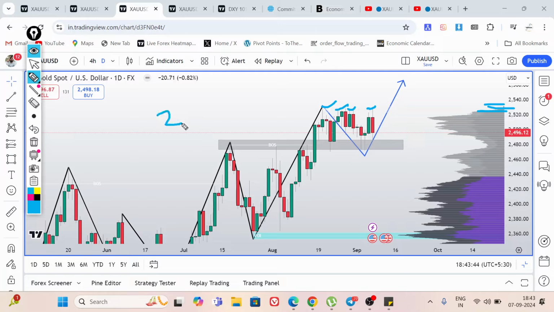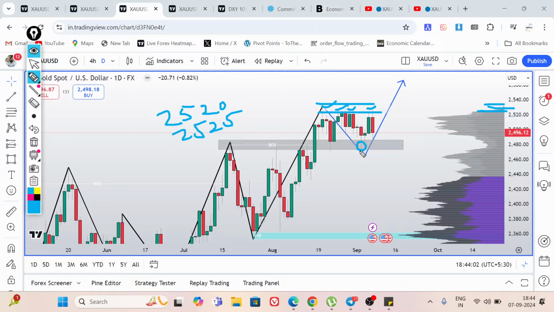Let me write it down: 2520 to 2525 area. So this area is currently a resistance area.